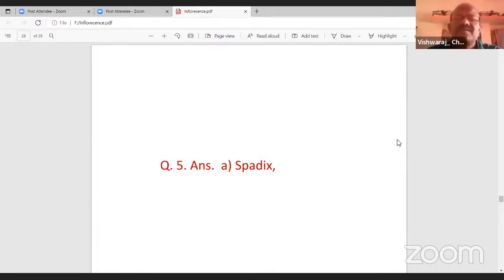We have seen in spadix there are three types: simple, mixed spadix, and compound spadix. Spadix is an example of banana inflorescence.